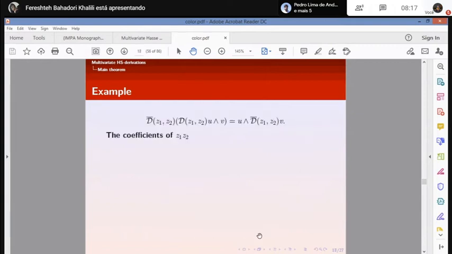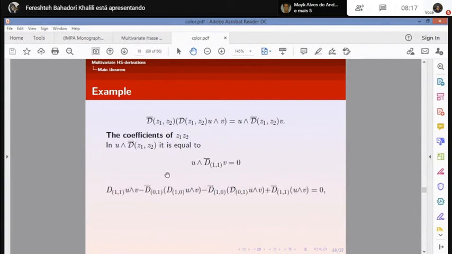On the right-hand side, the only coefficient of Z1, Z2 is this, which is 0 by the proposition that we had before. And on the left side, if we expand, we get this.